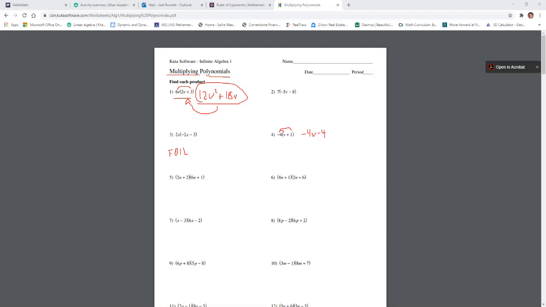So let's take care of the first terms. I'm going to multiply 2n times 6n, because those are the first terms in each expression. So 2n multiplied by 6n is going to give me 12n to the power of 2, right? Because we're multiplying, which means we have to add those exponents together. So that's going to be 12n squared.